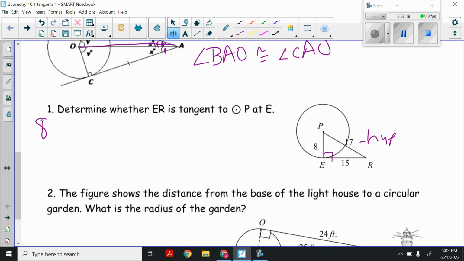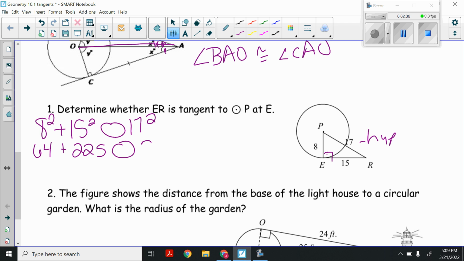So I would say 8 squared plus 15 squared. How is that related to 17 squared? Is it equal, greater than, or less than? So 8 squared is 64. 15 squared is 225. 17 squared is 289. So I'm going to add 64 and 225, and I get 289 and 289.